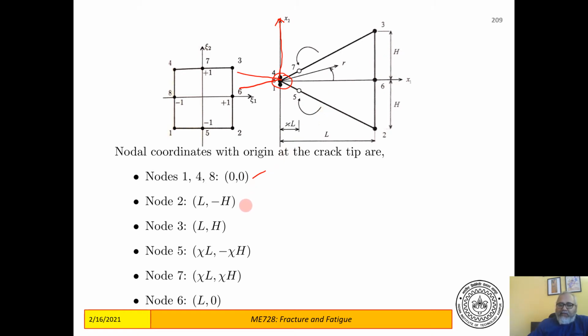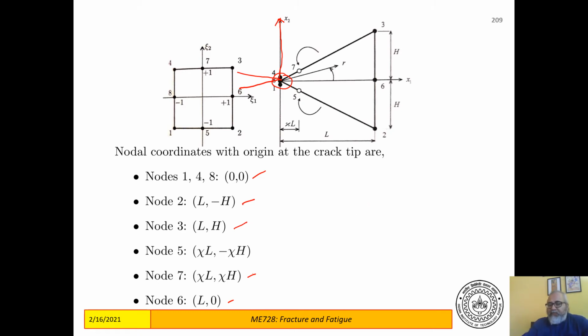Node 2 has L minus H, node 3 has L, H, and node 5, which is no longer at the mid side, has chi L minus chi H, and node 7 has chi L, chi H, and node 6 has L, 0. These are the physical coordinates of the nodes for this collapsed quadrilateral.